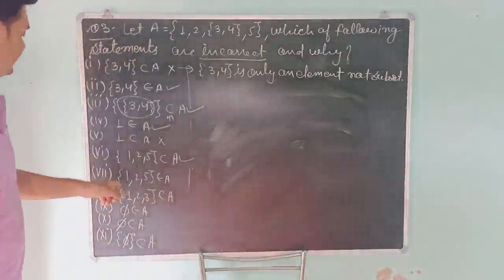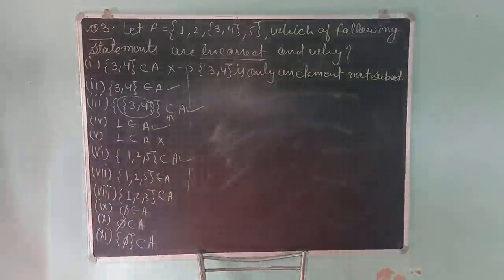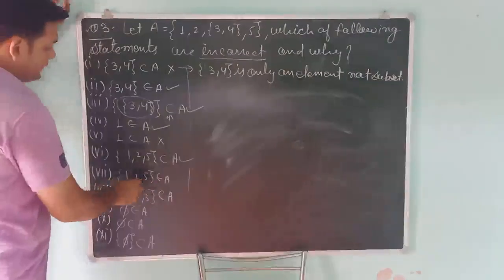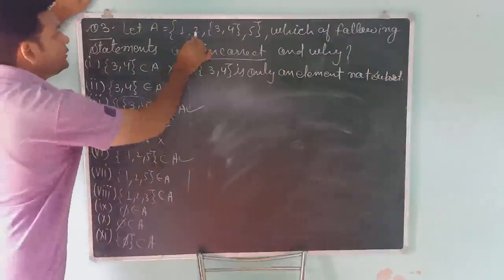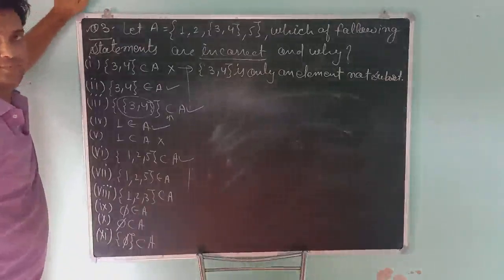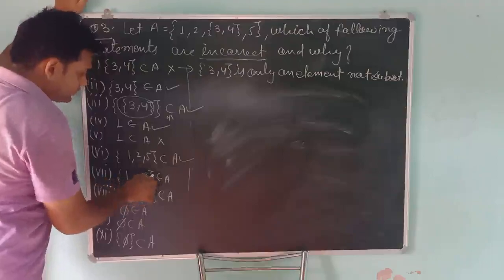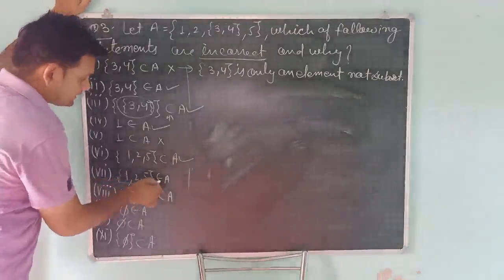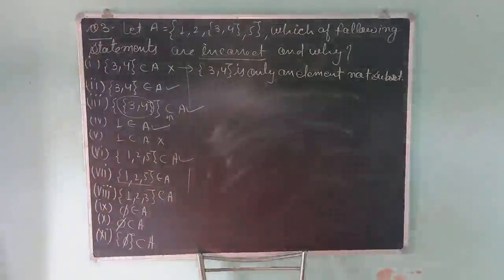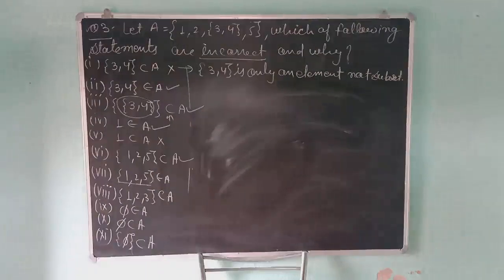But here you can see that {1, 2, 5} belongs to A. I already told you, if you are using extra bracket, here you can see {1, 2, 5} is with bracket, so this is a subset. But here the symbol in the seventh question is belongs to.